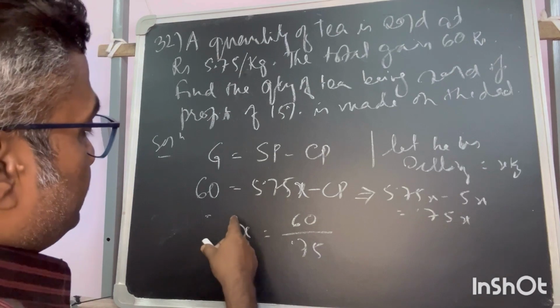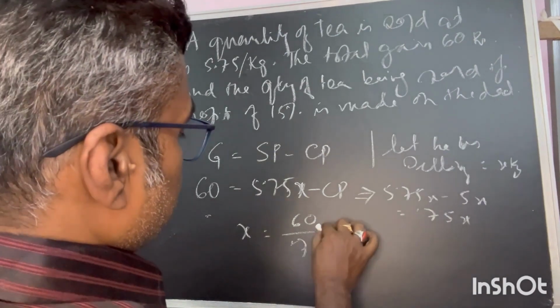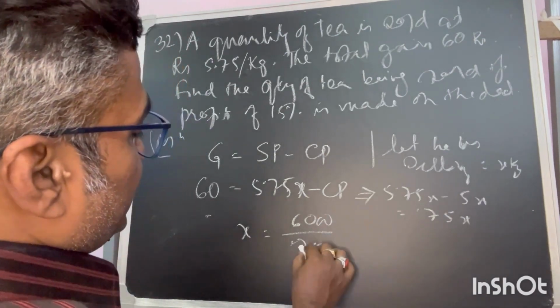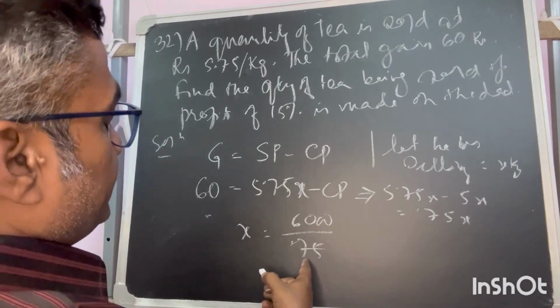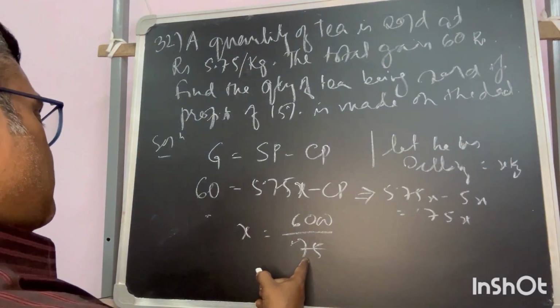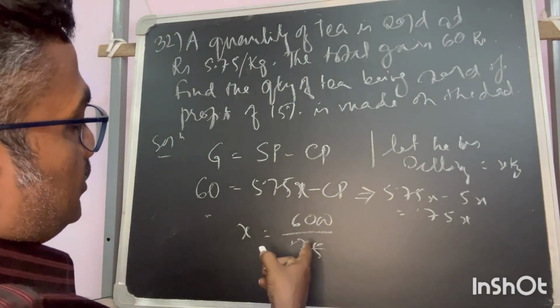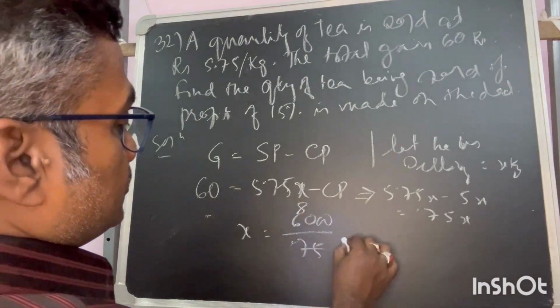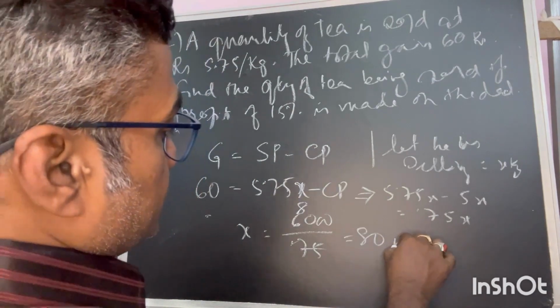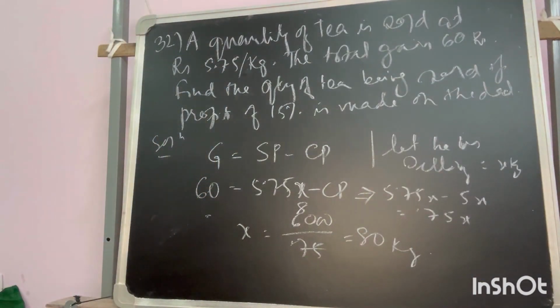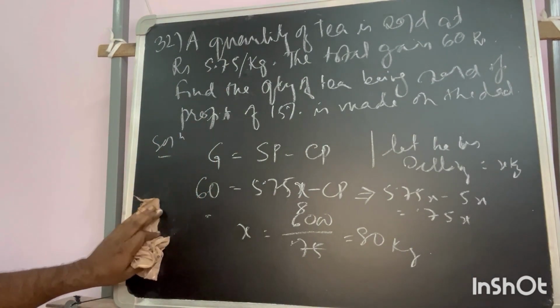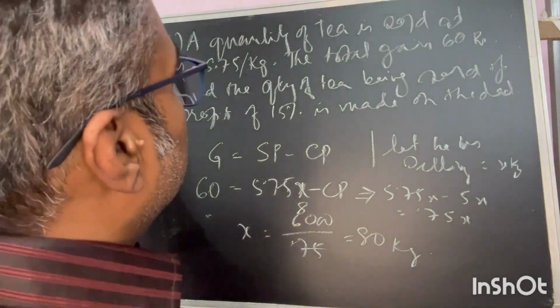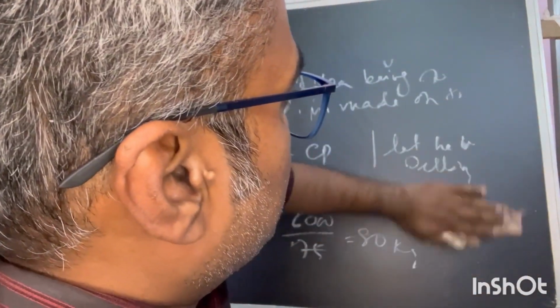So x is equal to 60 upon 0.75, that is equal to 80 kg he is selling, to get 15% profit when we are selling it at that price.